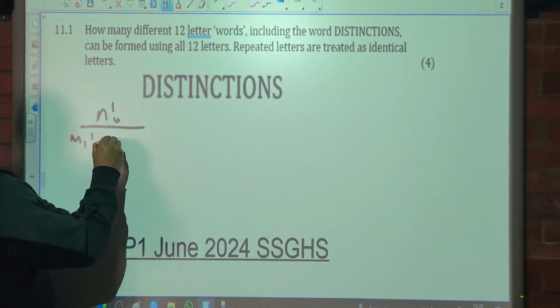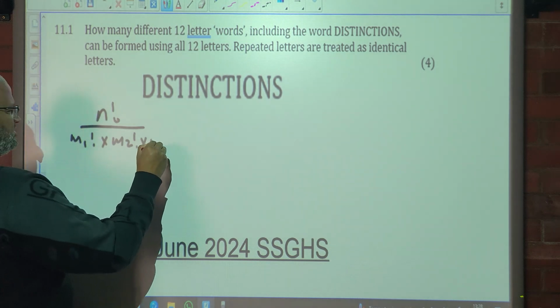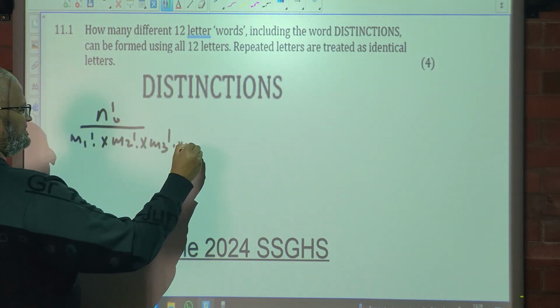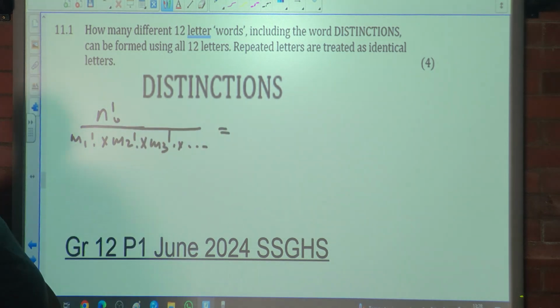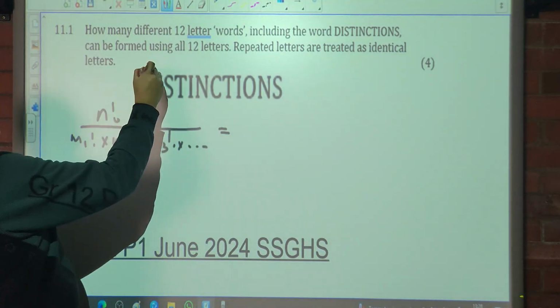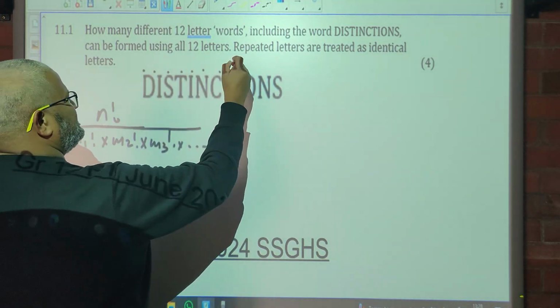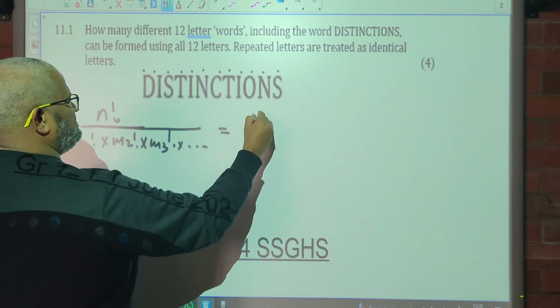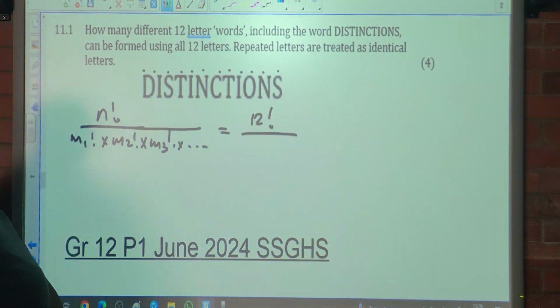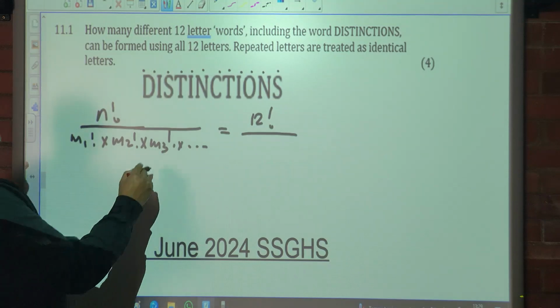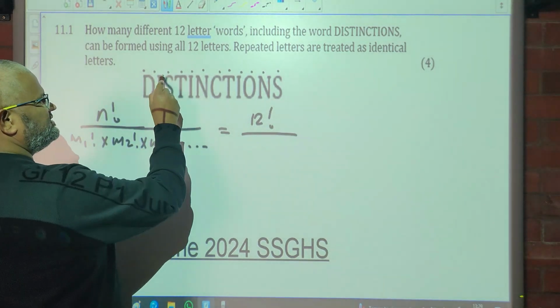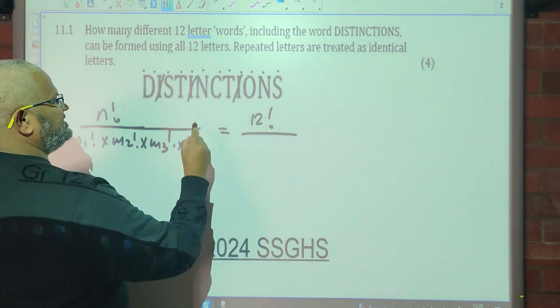These are the repeated letters. Okay. So how many letters are here? 1, 2, 3, 4, 5, 6, 7, 8, 9, 10, 11, 12. So it's going to be 12 factorial over. How many D's are there? 1. How many I's are here? 3 I's.